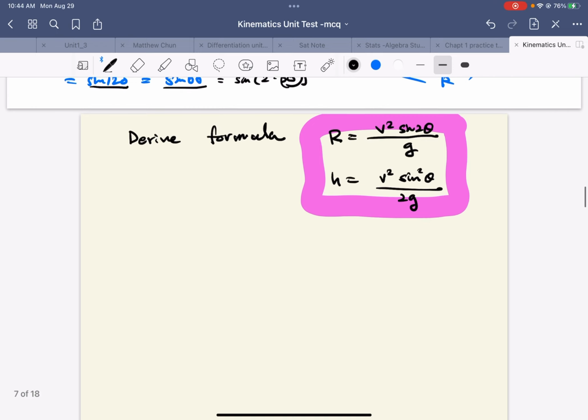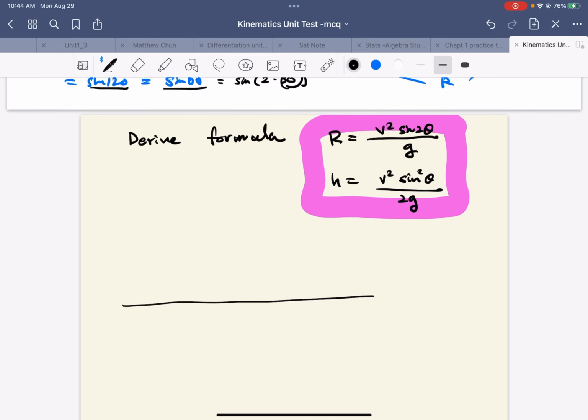So how are you going to derive that? From position A, this one is a projectile with some angle and initial velocity, let's say v. Then you can break it down: this one is vy, and this one is vx, because velocity is a vector, so you can separate it into two vectors, one horizontal and one vertical.